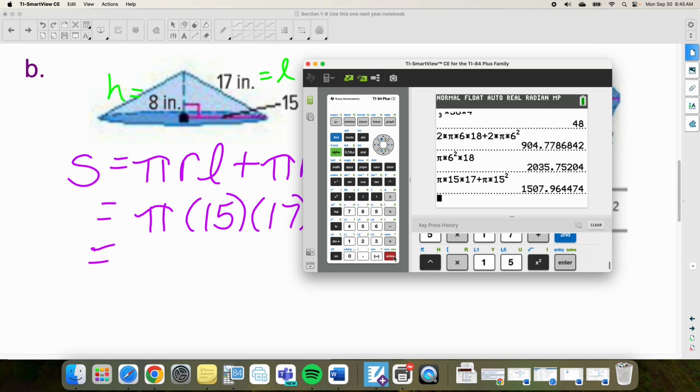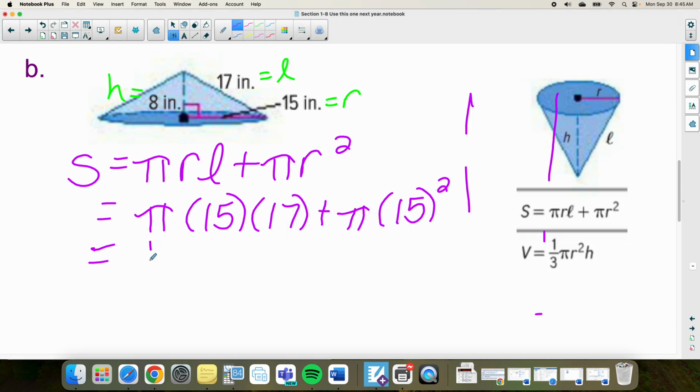Did you guys get 1507.96? Okay, 1507.96, and that is in square inches.